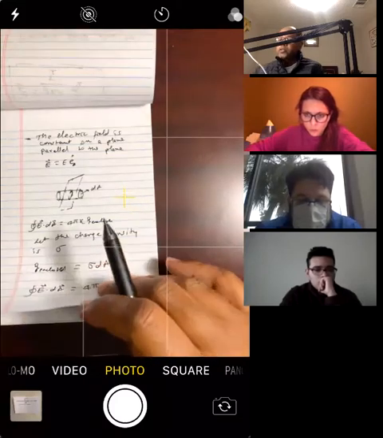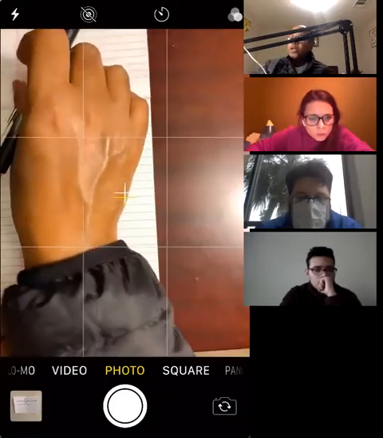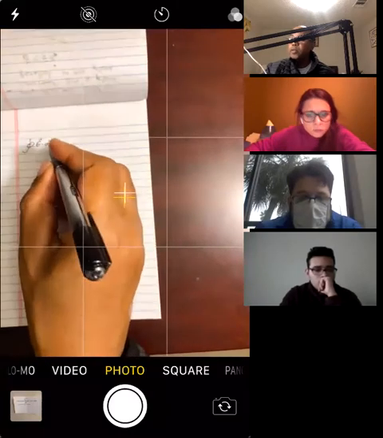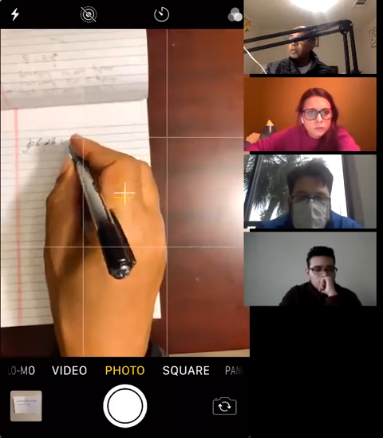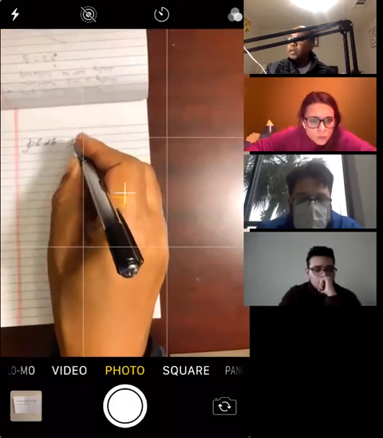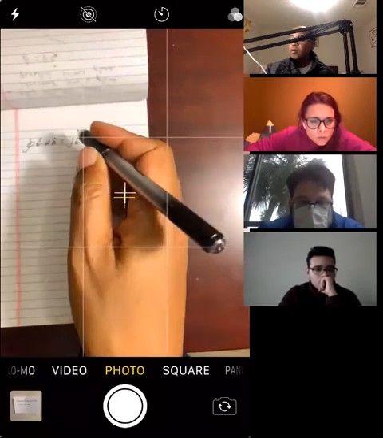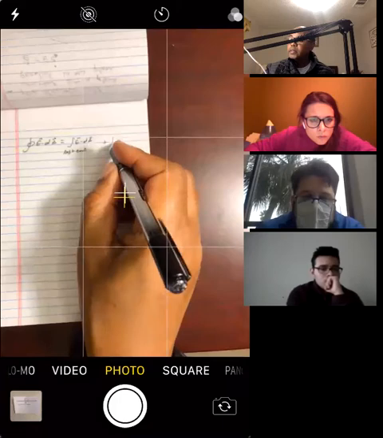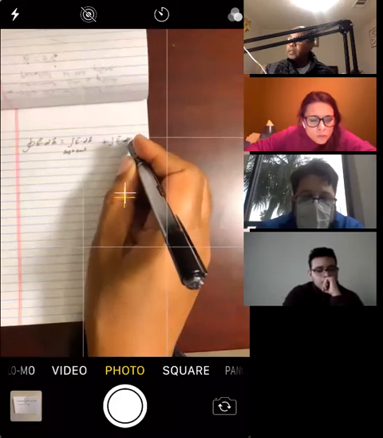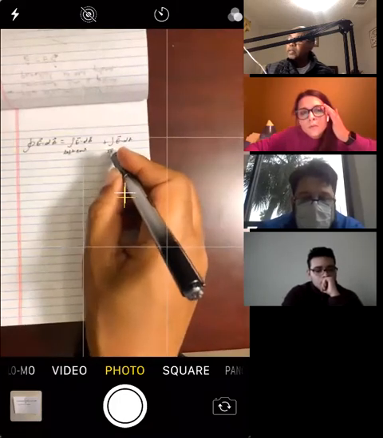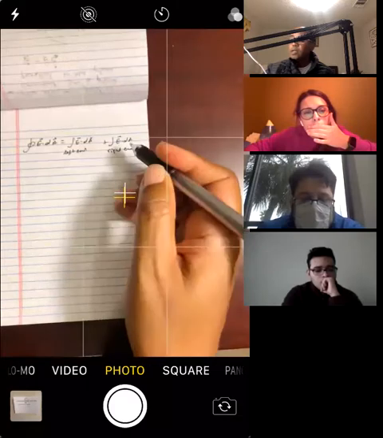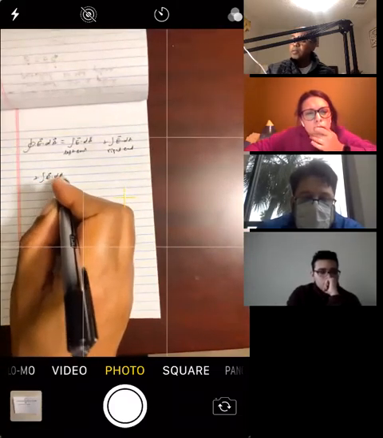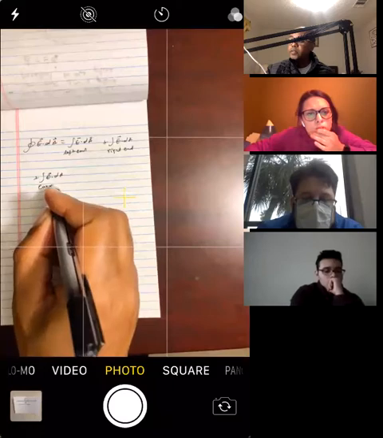So this integral of E dot dA on the closed surface, we're going to separate into three parts: E dot dA on the left end, plus E dot dA on the right end, and then plus E dot dA on the curved surface.